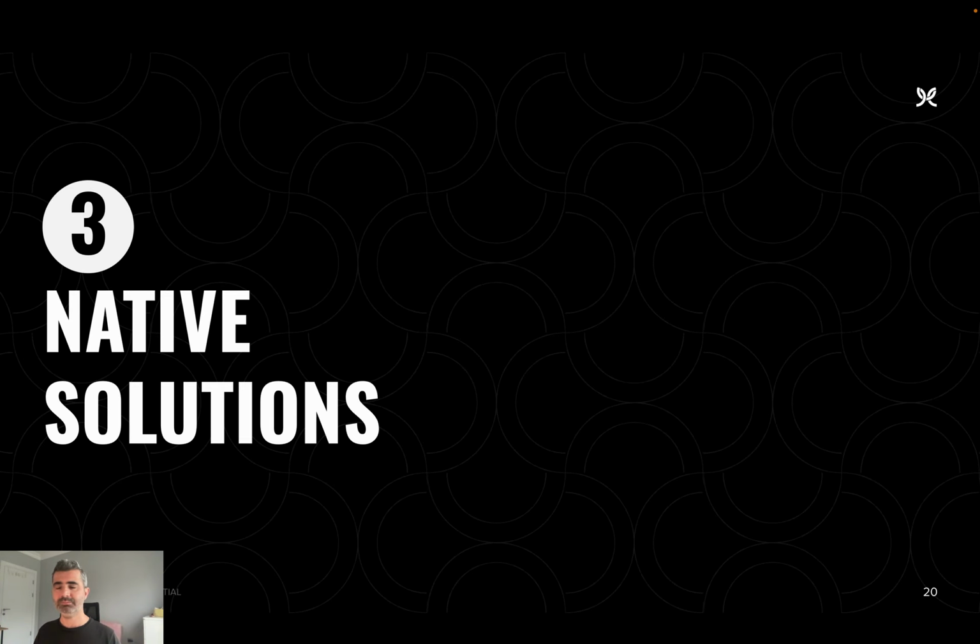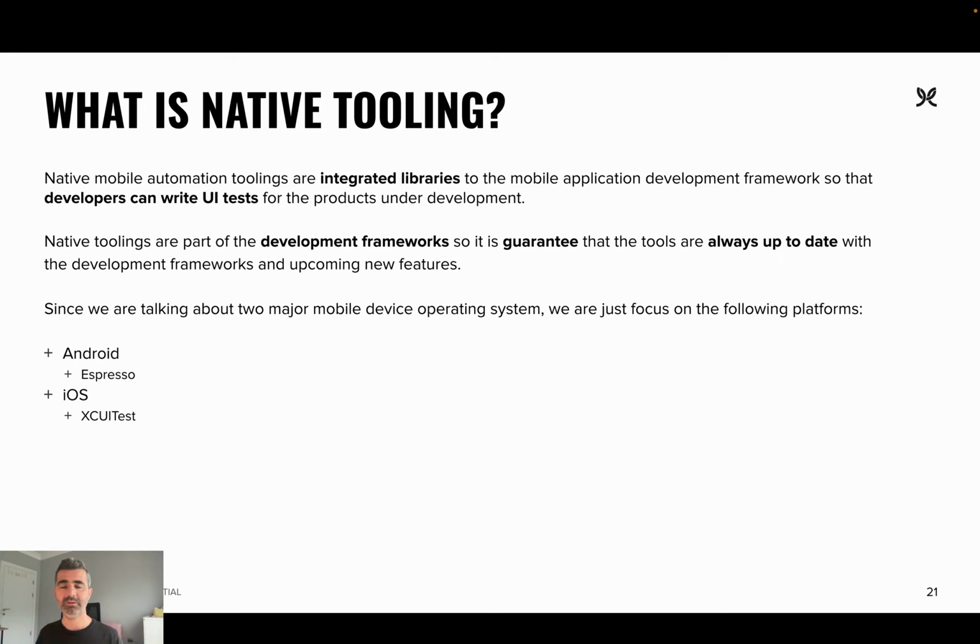So let's talk about the native solution. We have talked about the non-native one, and let's switch to the native solution, and you can see the great part. So what is native tooling? Native tooling is integrated libraries which come with the development framework itself.